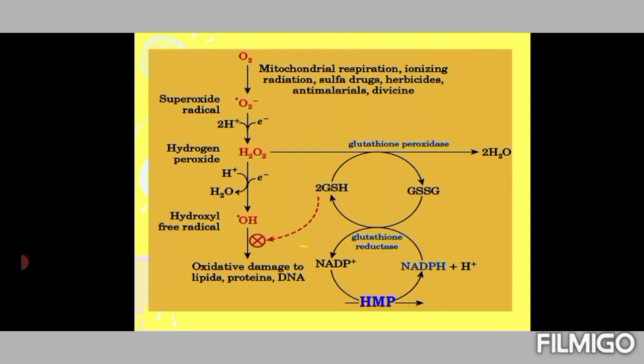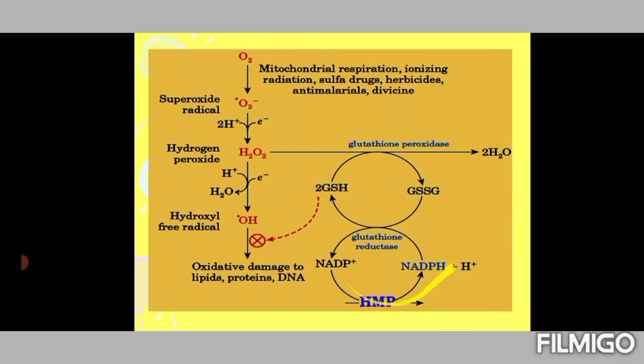In the process GSH gets converted to GSSG in the presence of glutathione peroxidase, and the GSH level is reinstated with the help of the enzyme glutathione reductase, where NADPH is the electron donor and NADP plus is formed.